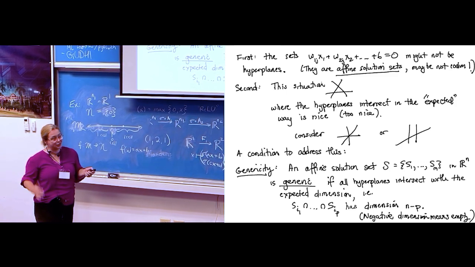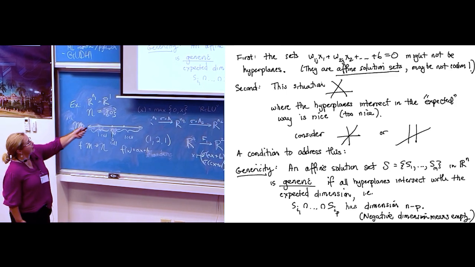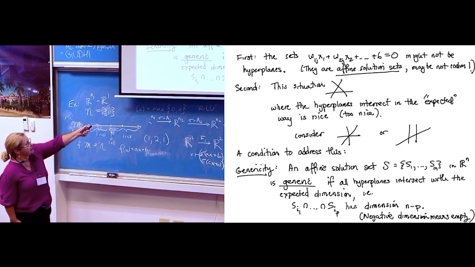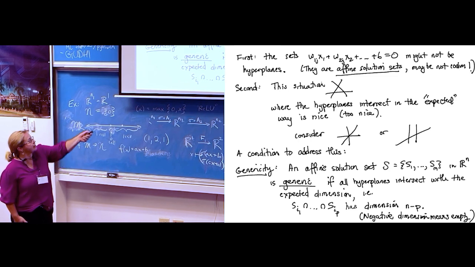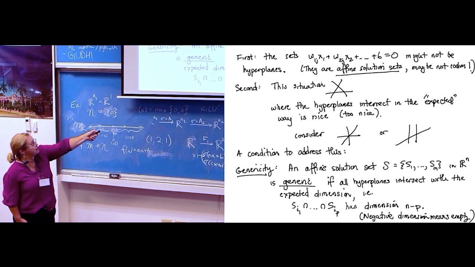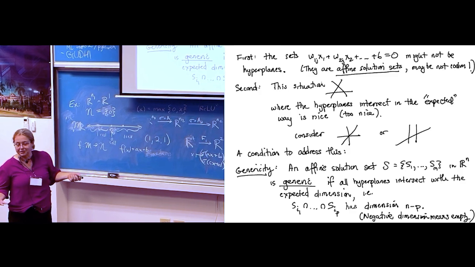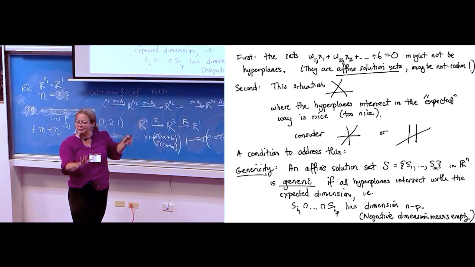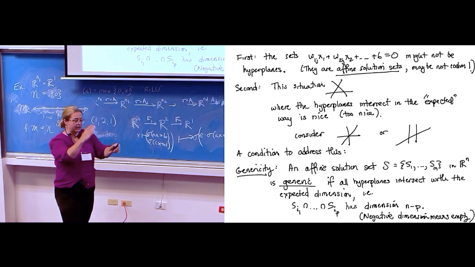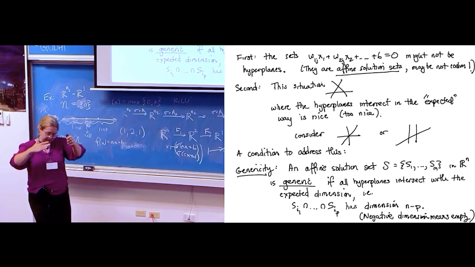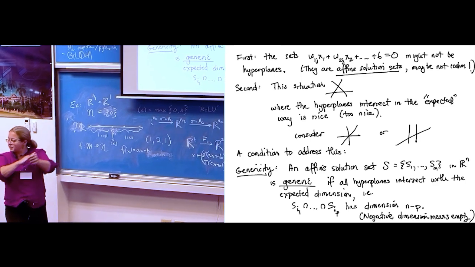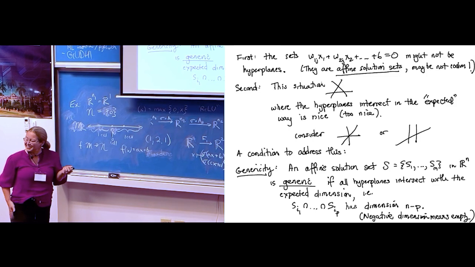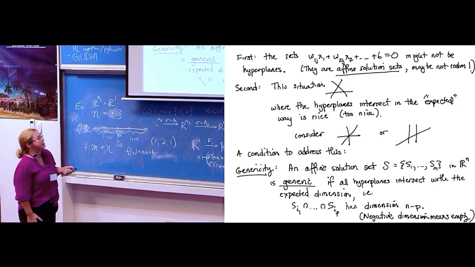But where you have 3 hyperplanes that all actually intersect at one point, that's not something you would expect. Another bad thing is you could have 2 of the hyperplanes be parallel and never intersect. Both of these things mess up this nice picture we want to build, where you pull hyperplanes back, you get things that are the right dimension, and they intersect in ways that you understand. So we need to introduce some conditions that make this not happen.